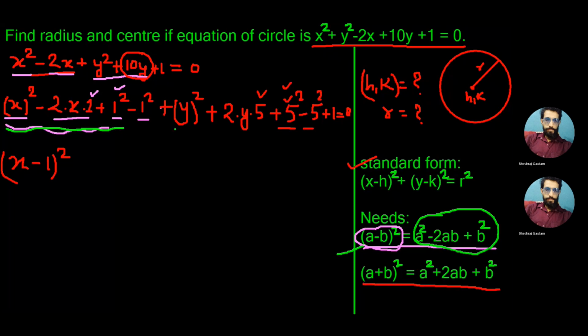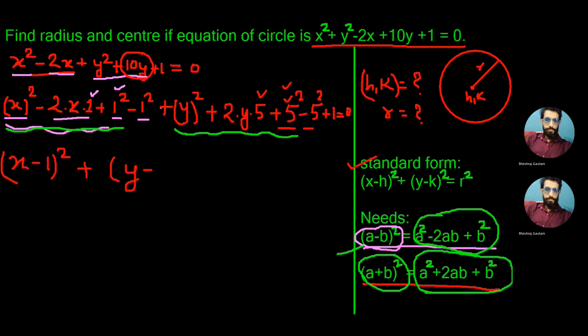In the same way, this y square plus 2 into y into 5 plus 5 square is similar to a square plus 2ab plus b square, which can be written in this form, a plus b whole square form. So we will write that as plus y plus 5 whole square.